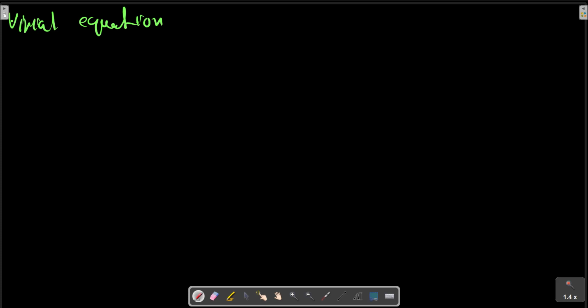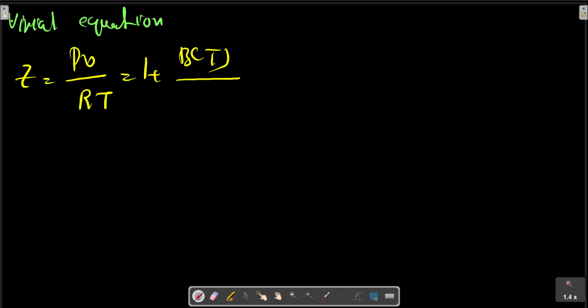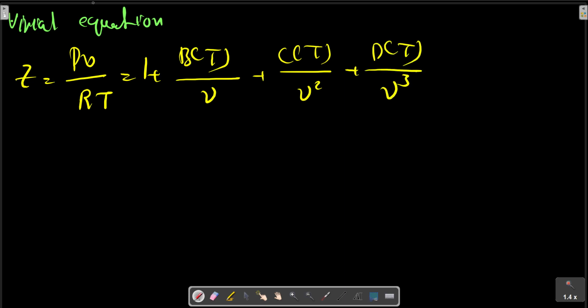Virial equation. B(T), C(T) and D(T) are temperature dependent and are called virial coefficients.